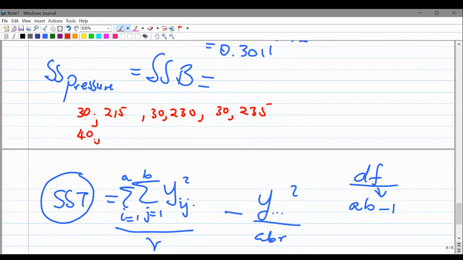When the temperature is 40, the pressure is 215; 40, 230; 40, 235.